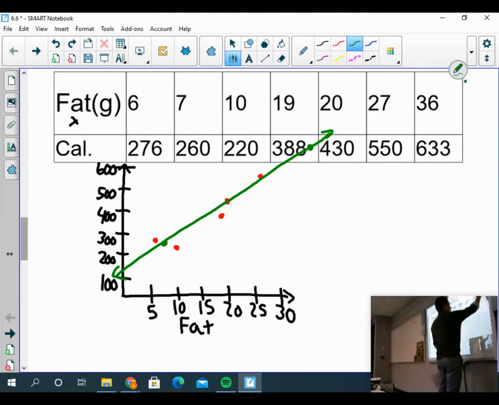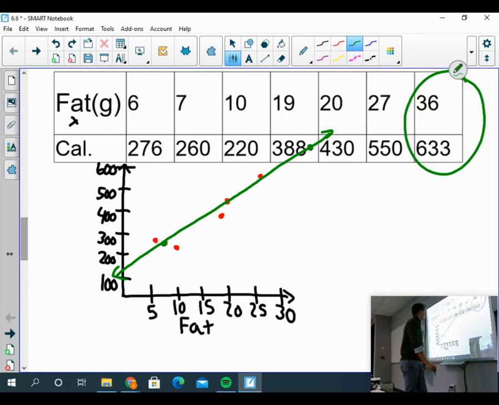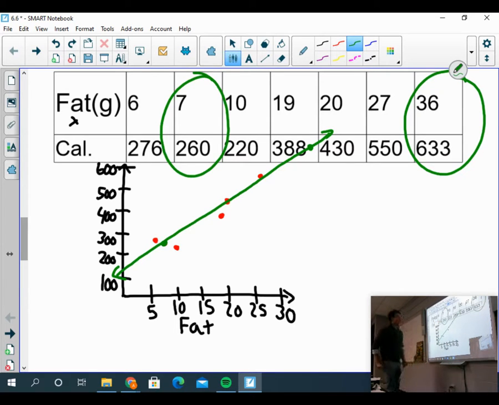So the points I'm using, 36 and 633, and I'm also going to be using 7 and 260. And those are the points I am going to use to make the equation of my line.